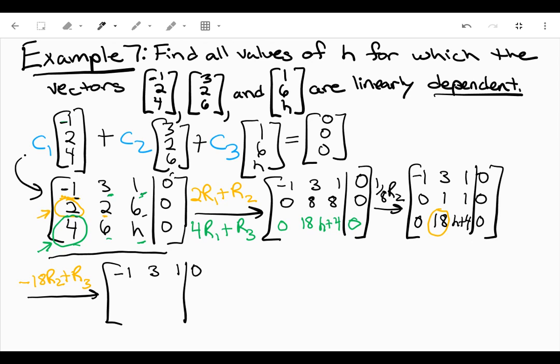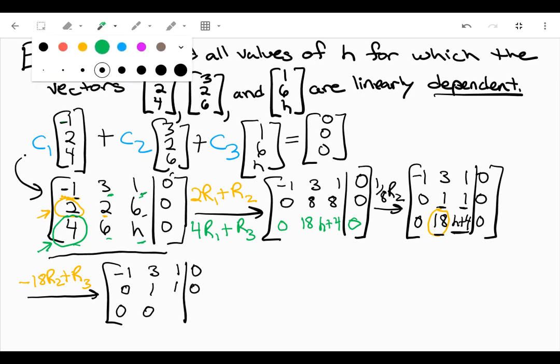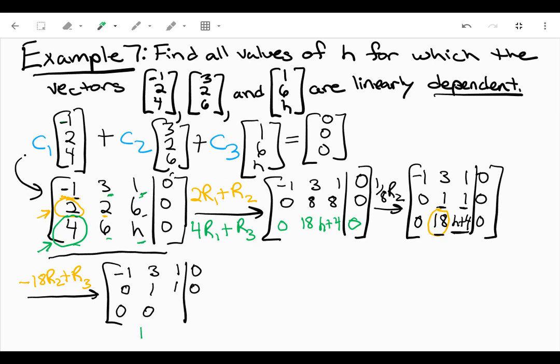A lot of times these mistakes in row reduction are just a matter of losing a negative when you copy from one step to the next. Okay, so 0 plus 0, and then negative 18 plus 18, so that's 0. And then negative 18 times 1, so that's negative 18 plus h plus 4.